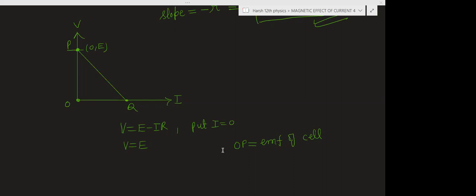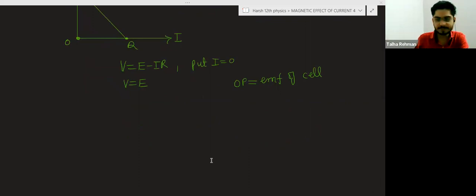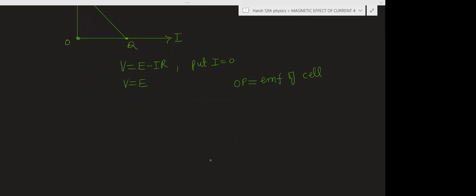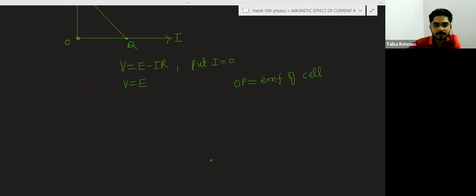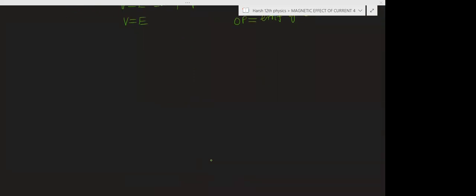Yes, sir. You can continue, sir. Okay. So the next question is to plot the variation of resistivity of a semiconductor with temperature. I have explained this question in the class. Again, I am explaining it.